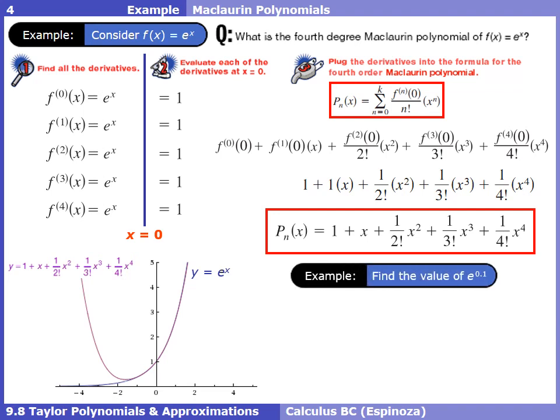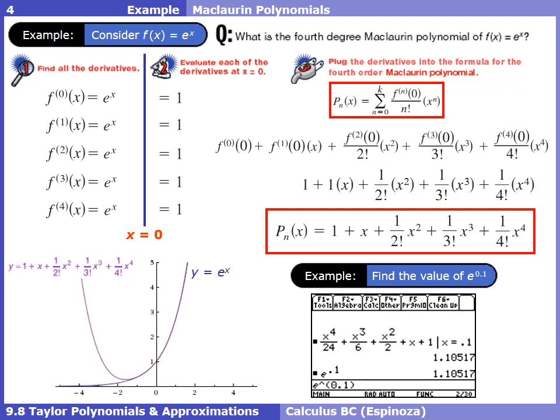So just to prove that, let's go ahead and find the value of e to the 0.1 power. And I'm going to show this like you'd see it in your TI-89. I'm going to do it both ways. Here in this first line, what I'm doing is taking the 0.1 and plugging it, if you look at the calculator notation, into the Maclaurin polynomial that we found.